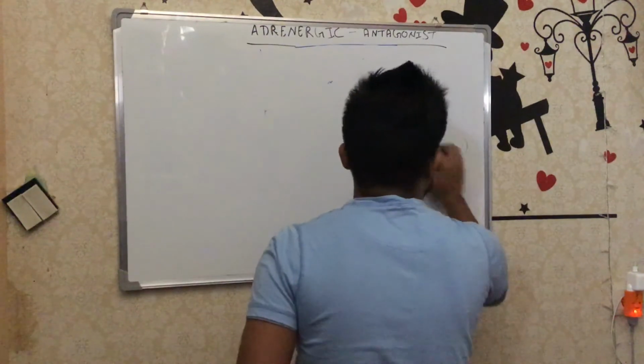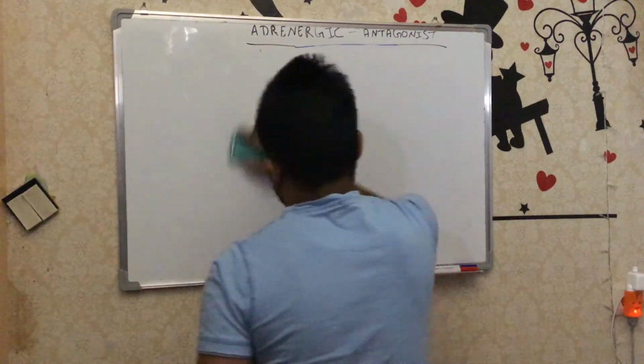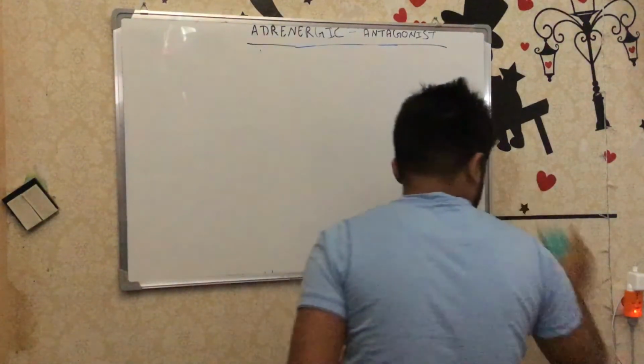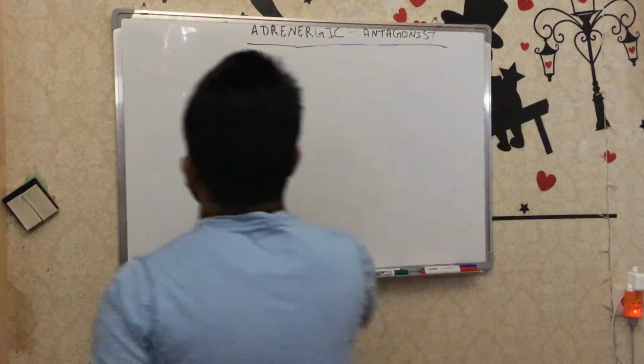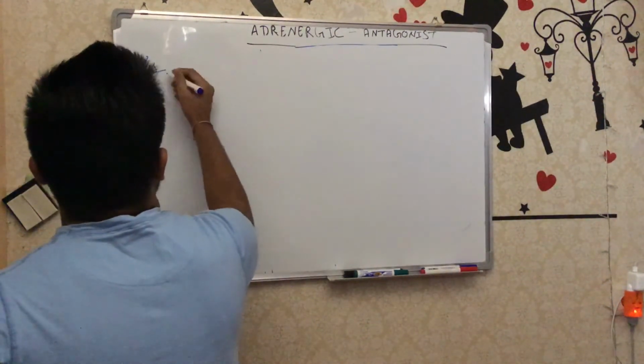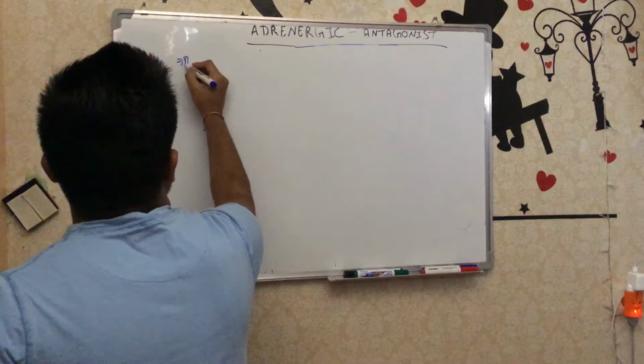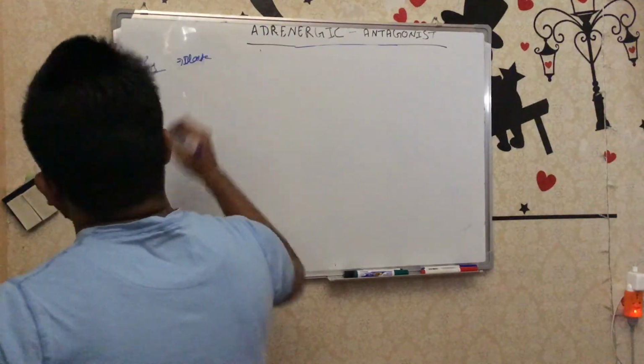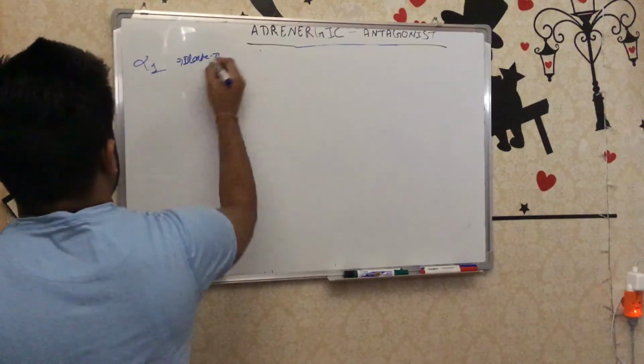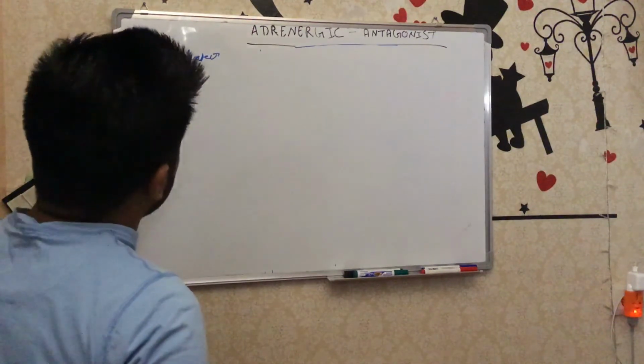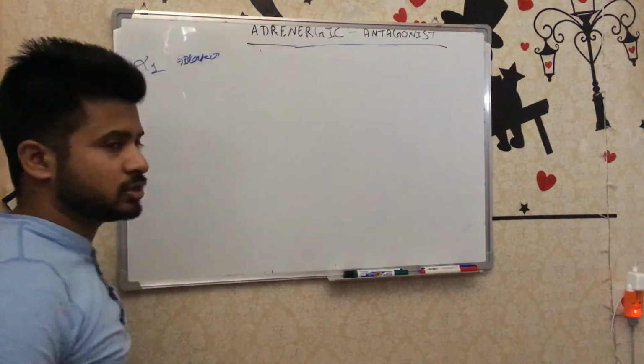Now we'll discuss the selective alpha blocker drugs. Let's discuss selective alpha 1 blockers. We have prazosin, doxazosin, terazosin, tamsulosin.